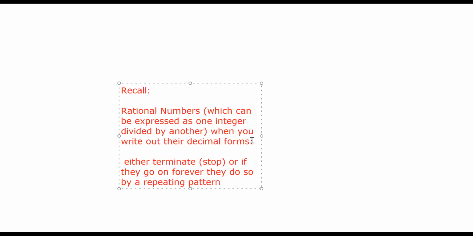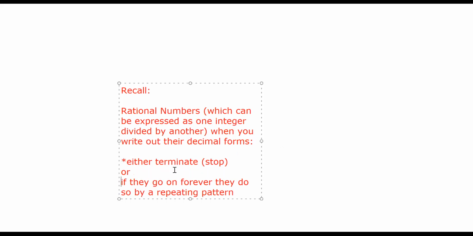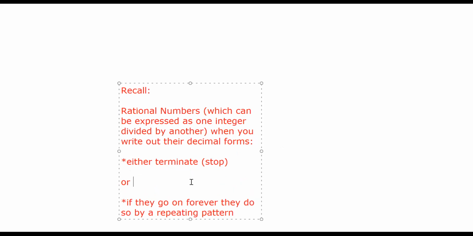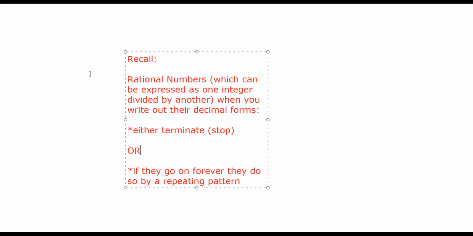So a rational number does one of those two things when you write it out as a decimal. It's either just going to stop and that's it: 0.5, 0.72.